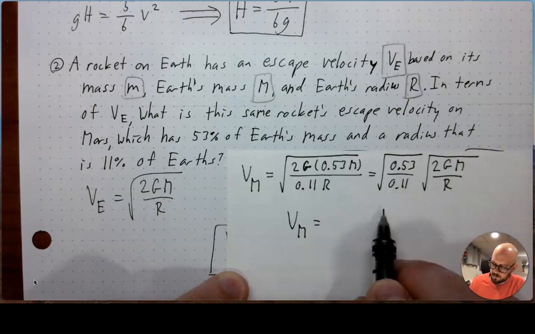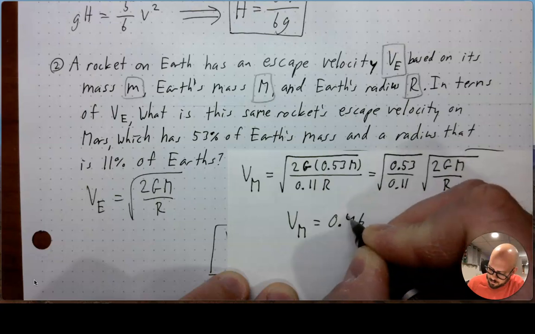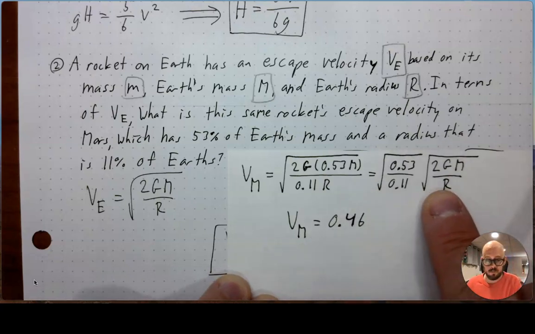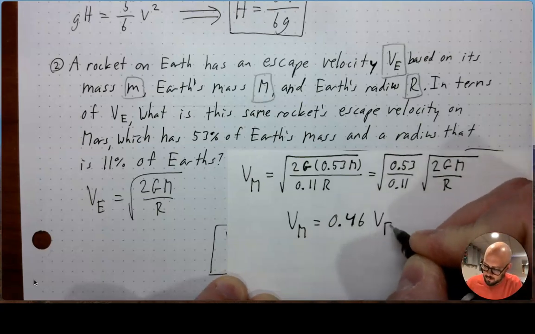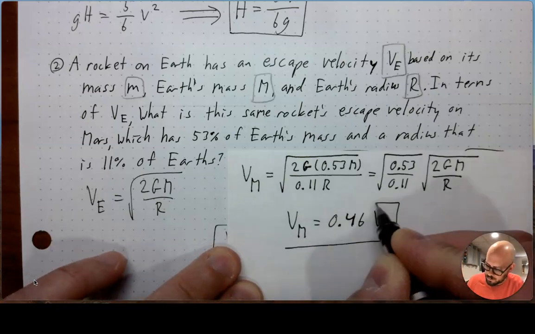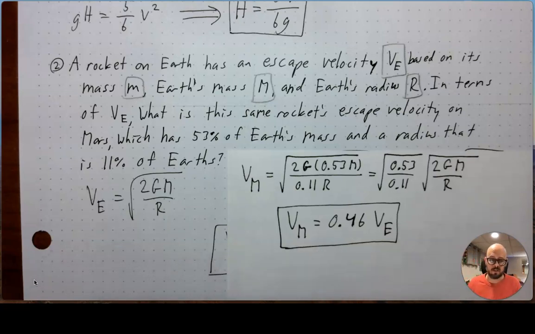The square root of 0.53 over 0.11 is 0.46. And the square root of 2gm over r is Ve. It is the escape velocity on Earth. So this escape velocity on Mars is a little less than half the escape velocity on Earth. And that is how you would deal with percents and escape velocity.